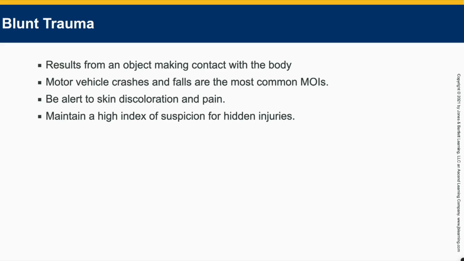Now, even though there may not be any open wounds, you still want to be really alert for signs like skin discoloration, bruising, and pain, because what you see on the outside may only be a small part of what's actually going on on the inside. This is where that high index of suspicion becomes critical. So just because the patient looks okay, it doesn't mean that they are. We should always be thinking what kind of force was involved and what injuries could be hiding underneath.